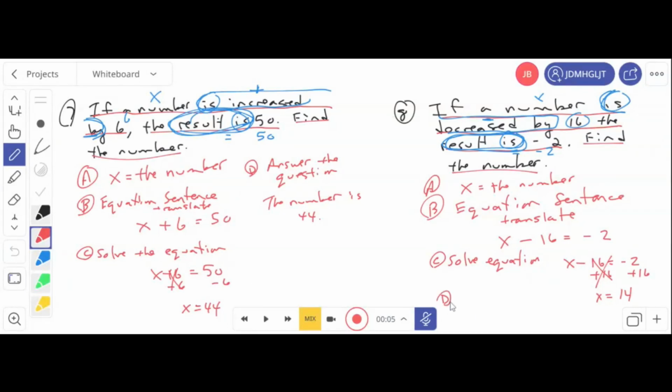So now we answer the question. The number is 14. Okay. Now look at number 9.